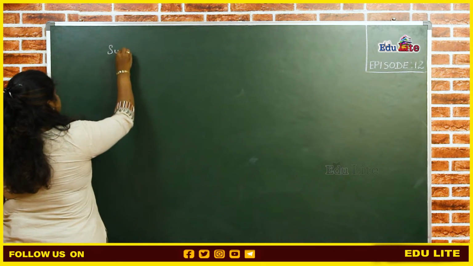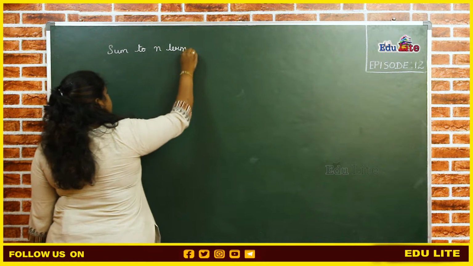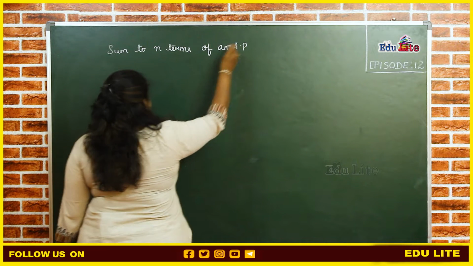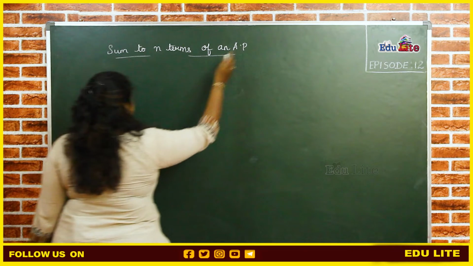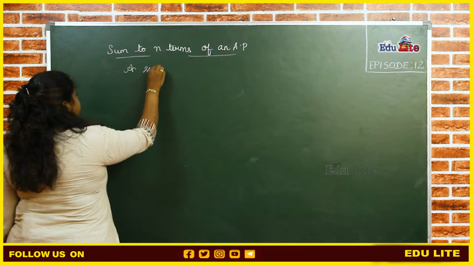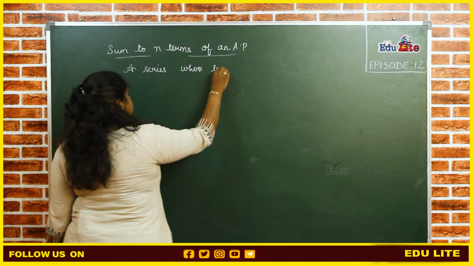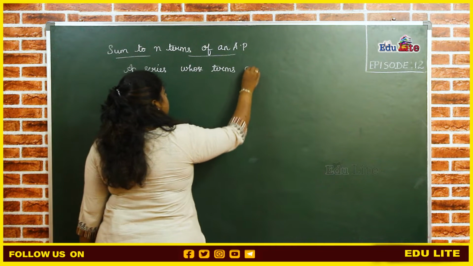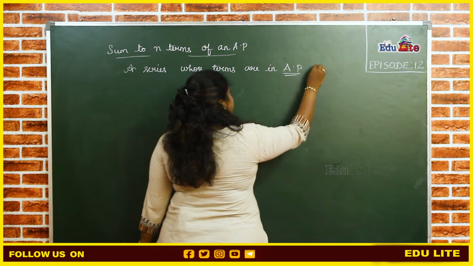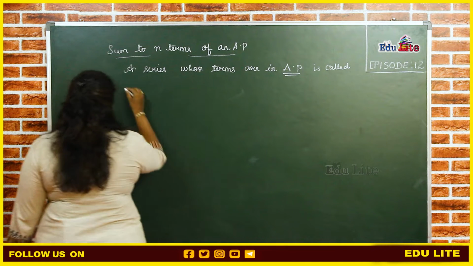Next is sum to n terms of an AP. Now, we are going to find the series with an AP, that is an arithmetic progression. A series whose terms are in arithmetic progression is called arithmetic series.